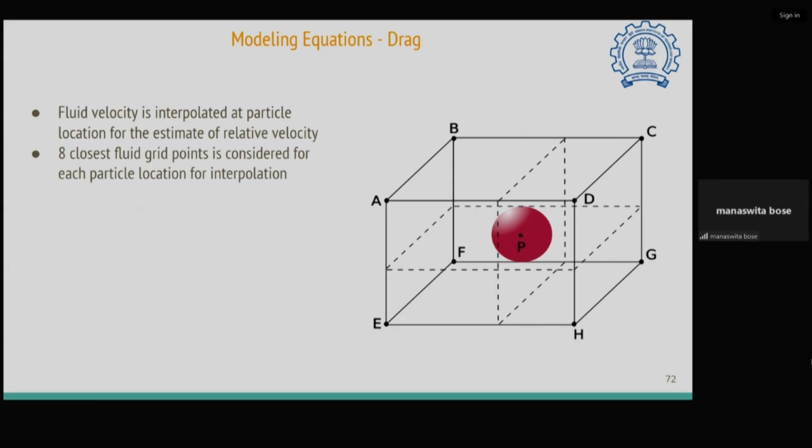One can vary this number and see the accuracy. If you are doing a 2-way coupling or a 4-way coupling, you have to keep in mind that first you have to calculate the drag force on the particle, and then you have to translate that drag force onto the fluid grid. Both things need to be performed.